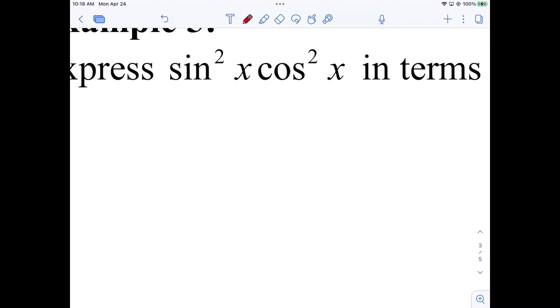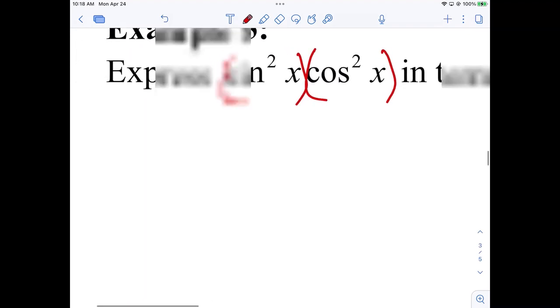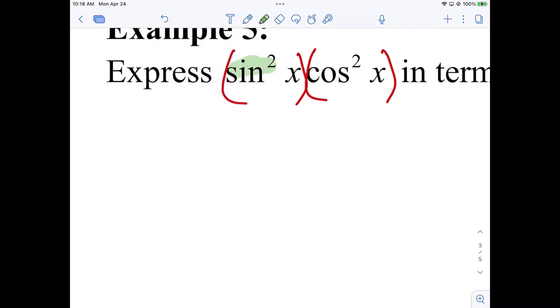Let's go. I have double powers, one of sine, one of cosine. Guess what I need to do? Step 1, I need to reduce those powers. Let's reduce them. I'll use green for sine. 1 half times 1 cosine of 2x. What goes in there?